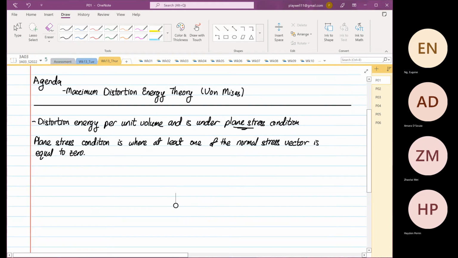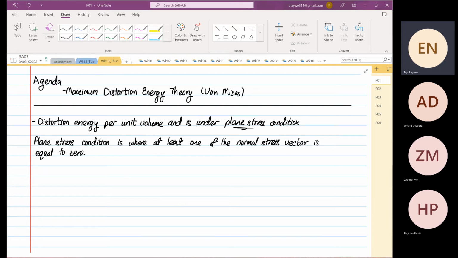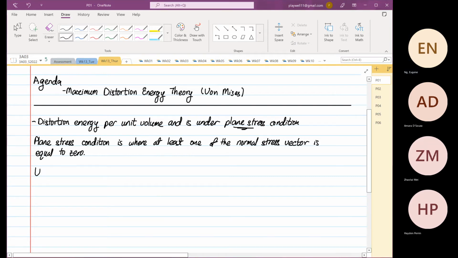So we are just going to apply the energy equation. I'm not going to describe how it's derived. So the energy, capital UD, is equal to 1 over 6G, right, normal stress squared, minus stress A, stress B. I will describe what is stress A and stress B later on, plus stress B squared.